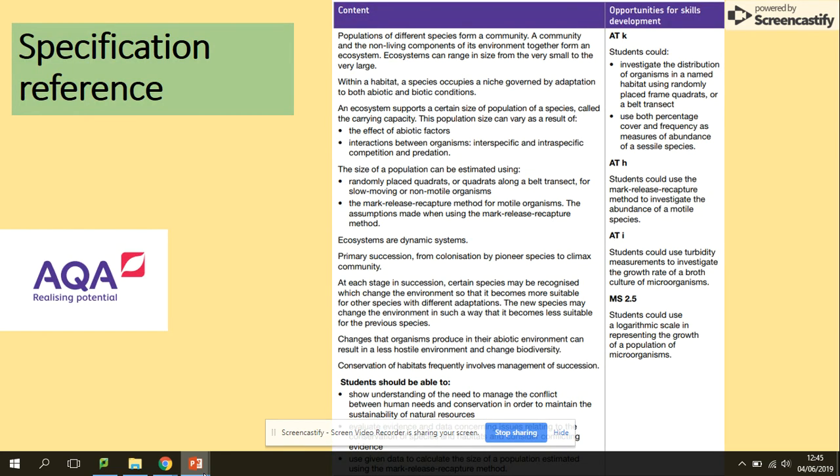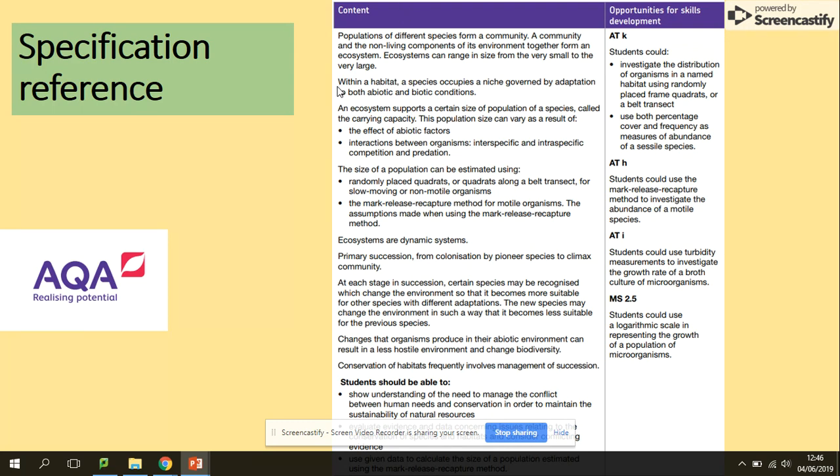So in terms of the specification, you actually need to know only those bits here. You need to be aware of the key terminology which we will be looking at. Populations of different species form a community and the non-living components of its environment together form an ecosystem. An ecosystem can range in size from the very small to very large.